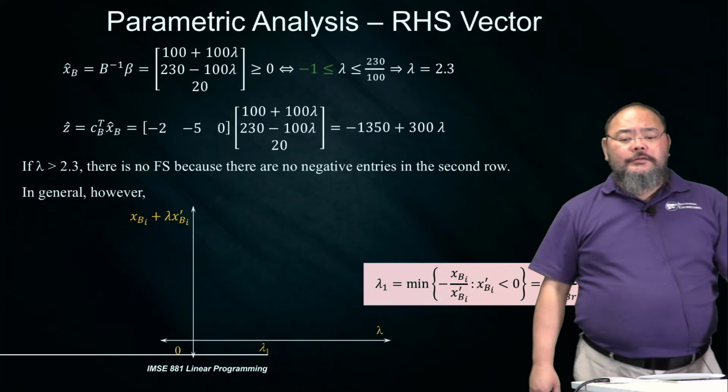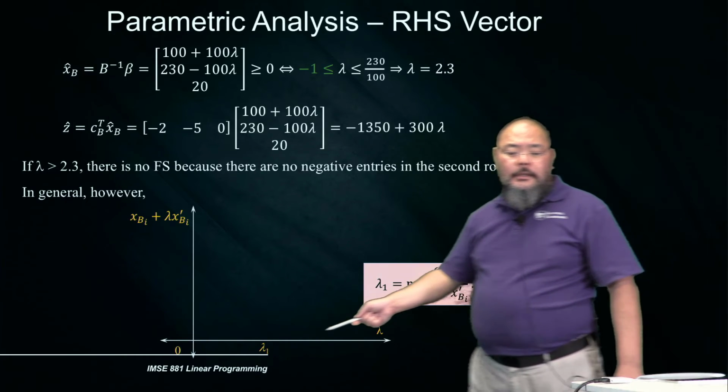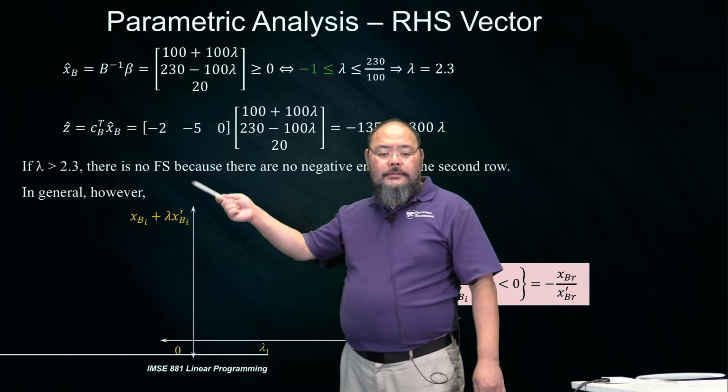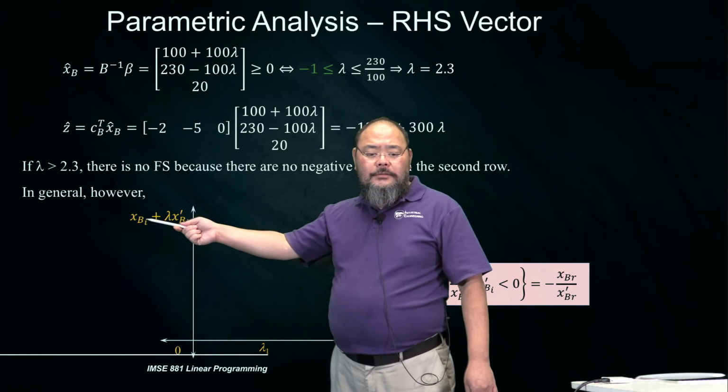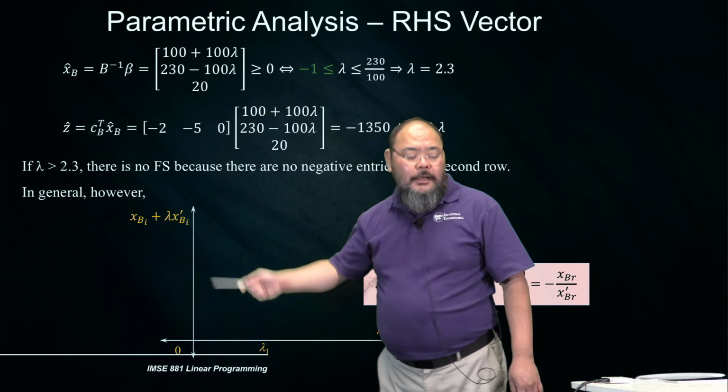In general, what I have is the horizontal axis as lambda, and the vertical axis as the new basic solution, xBi plus lambda times x prime Bi.